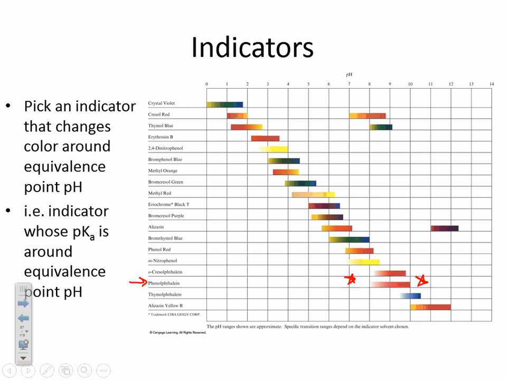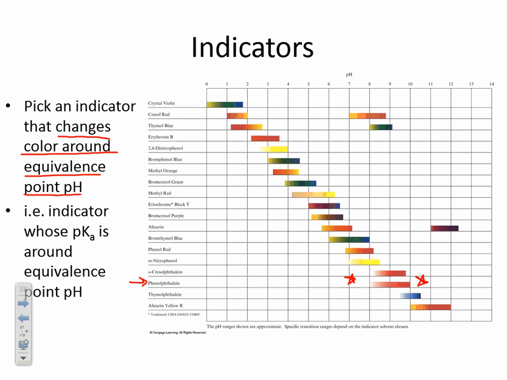And we can pick different indicators for different titrations. The key is that you want to pick an indicator that will change color around the equivalence point pH. And as I've hopefully proven to you, not all titrations have an equivalence point pH of around 7. The pH can change at the equivalence point based on what you have in the flask at the equivalence point.